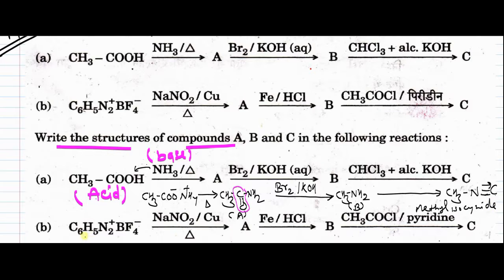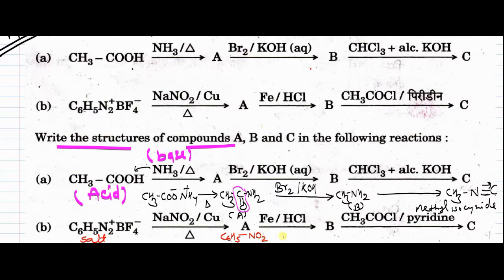C6H5N2BF4, a benzene diazonium salt, reacts with copper and NaNO2. It means C6H5NO2, nitrobenzene, as a main product.